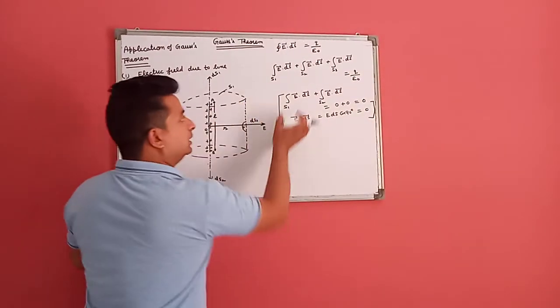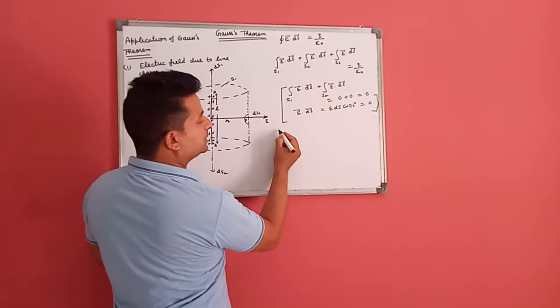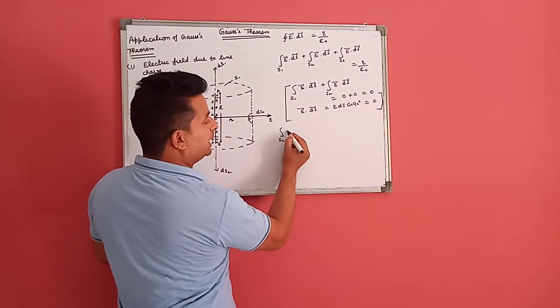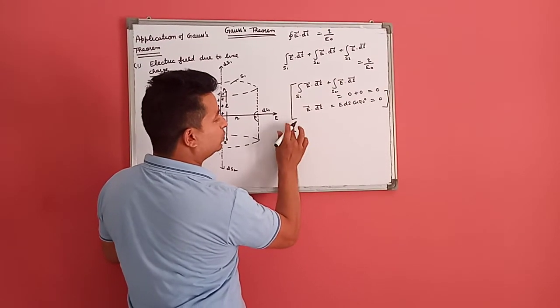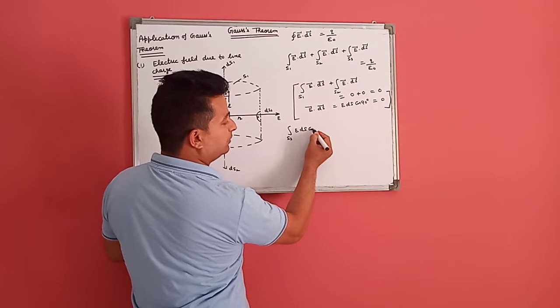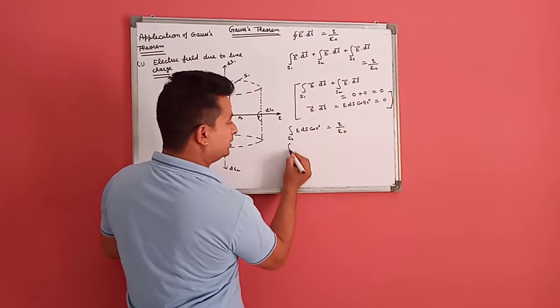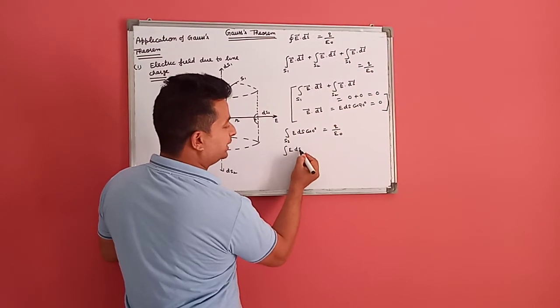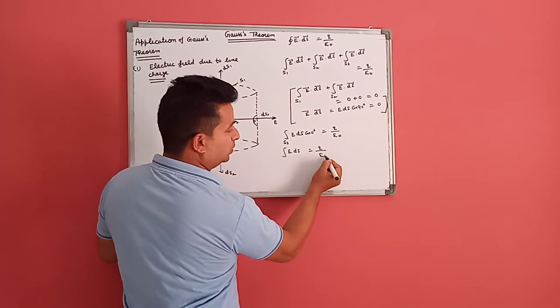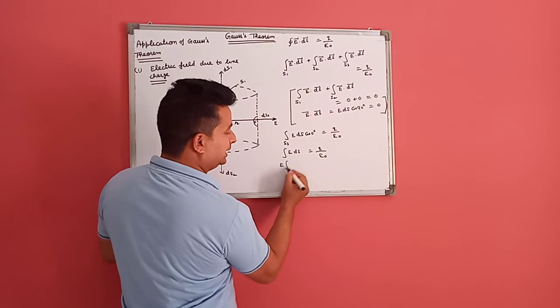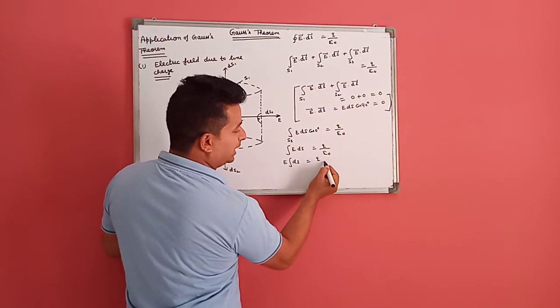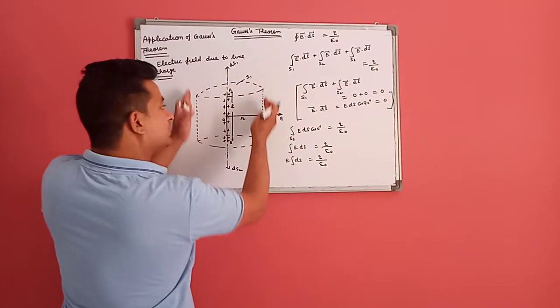This means the contribution of these two surfaces is 0 and S3 is always parallel to the electric field. So the angle between them is 0 degree. This is Q by epsilon naught. As we know, cos 0 is 1. So E times ds, where ds is the area. As we know, this is the curved surface area.